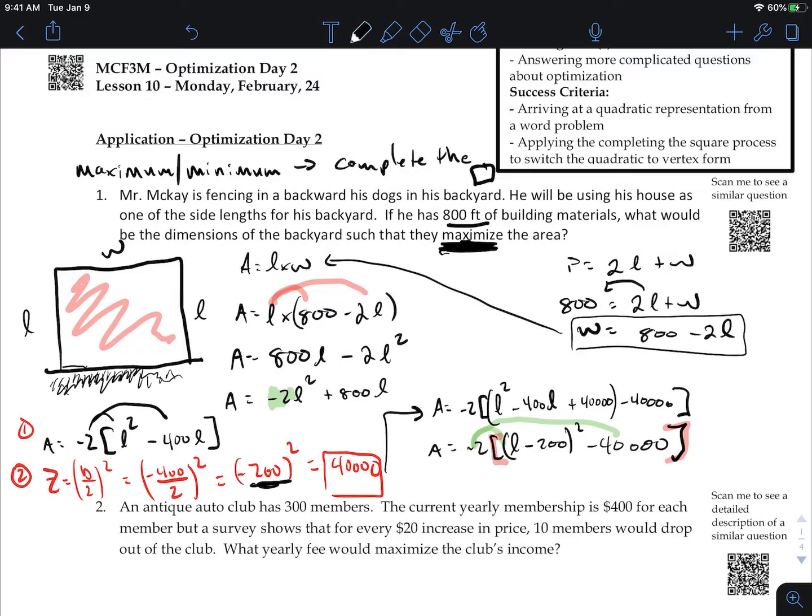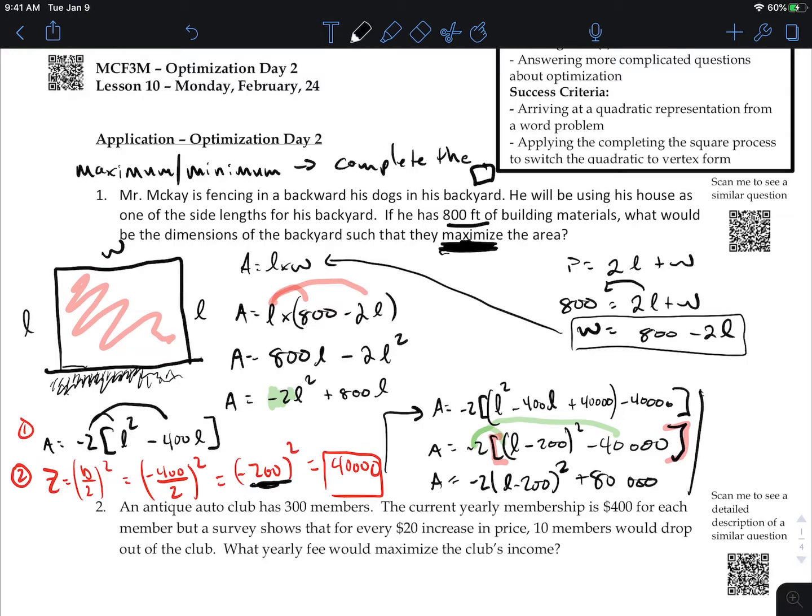So if I were to expand that -2 in, it's going to stop. It's going to go over the square, but it's going to stop at the round bracket, right? So it's -2 L minus 200 squared plus 80, 1, 2, 3, right?